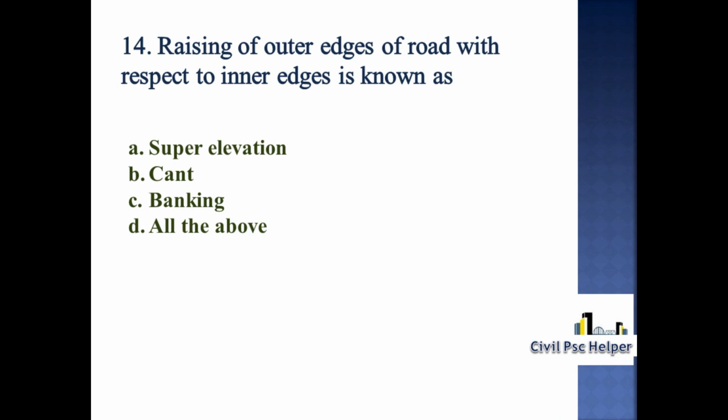14th question. Raising of the outer edge of roads with respect to the inner edge is known as? Option A superelevation, option B cant, option C banking, option D all the above. The raising of the outer edge of a road with respect to the inner edge is known as superelevation or cant or banking.